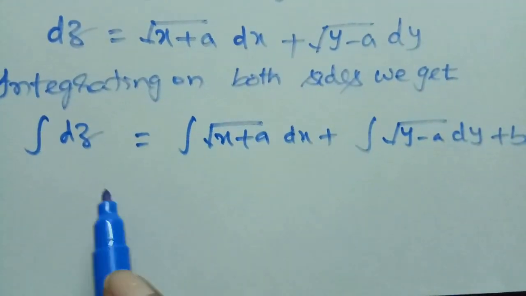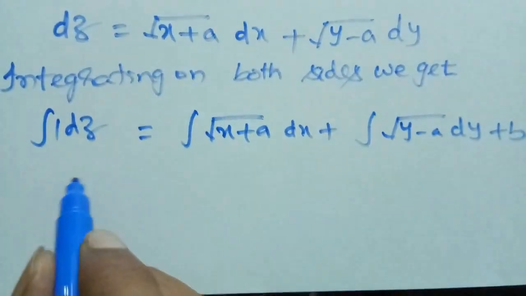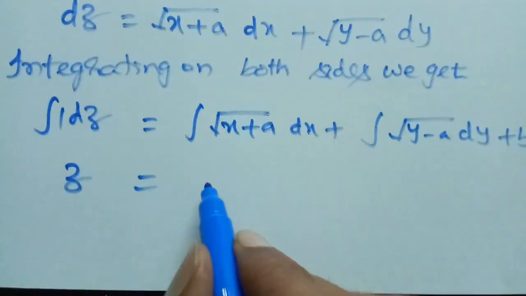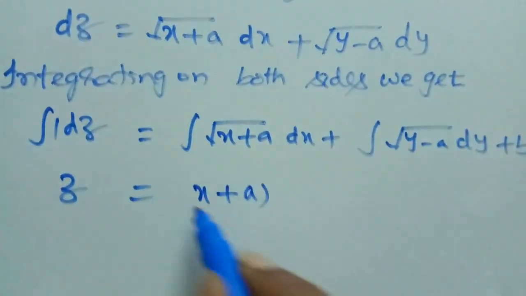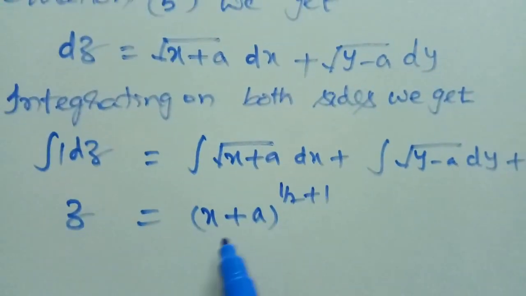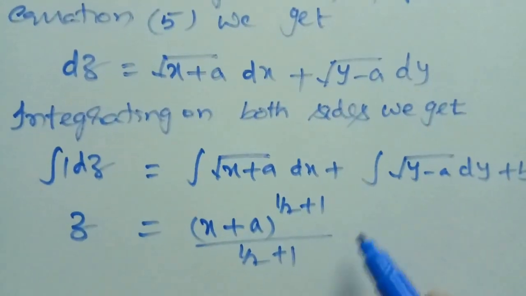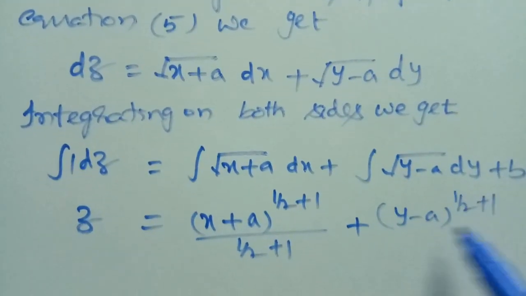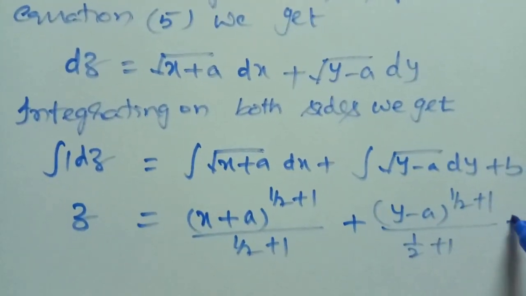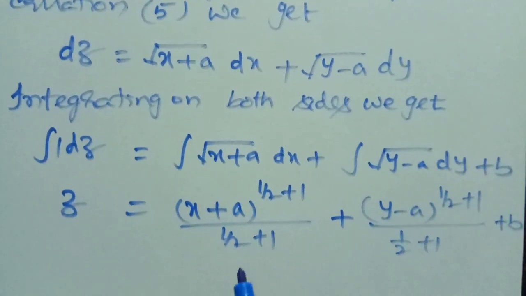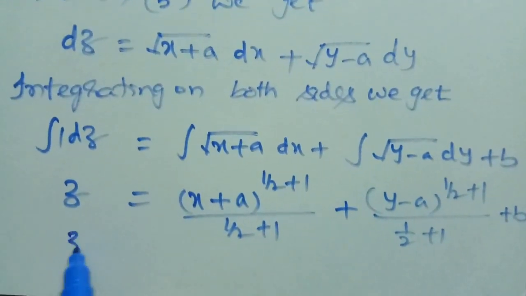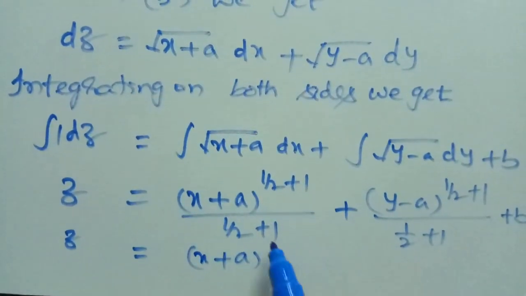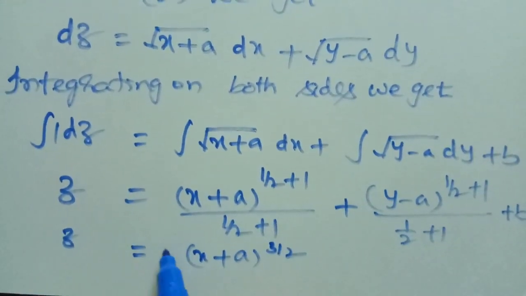plus constant of integration. Now here left hand side, integration of 1 with respect to z is z, and x plus a whole to the power of 1 by 2. So by the basic formula, x plus a whole to the power of 1 by 2 plus 1 by 1 by 2 plus 1. Here y minus a whole to the power of 1 by 2 plus 1 by 1 by 2 plus 1 plus constant of integration by using the basic formula. Therefore this can be written as x plus a whole to the power of 3 by 2 into 2 by 3.